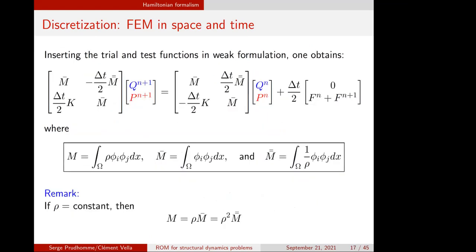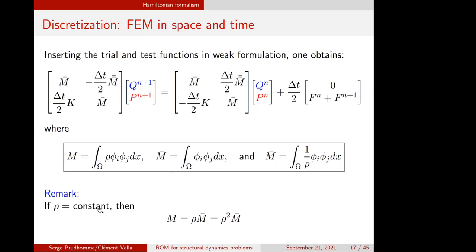When we insert these trial and test functions in the weak formulation, this is the system that we obtain. There's a slight difference. We need to see that now M bar is not exactly the mass matrix, but it's the mass matrix without our density. And M double bar is the one where we actually have rho overall in this integral. So of course, that's going to be a little bit different from what we saw earlier when we were using the Newmark method.